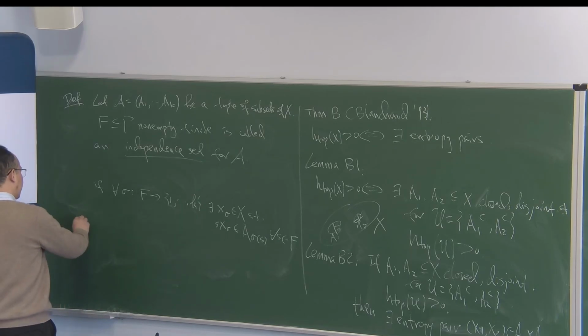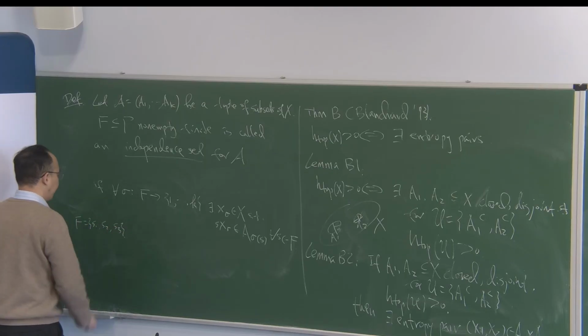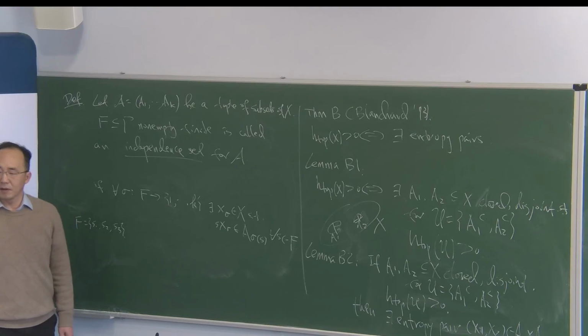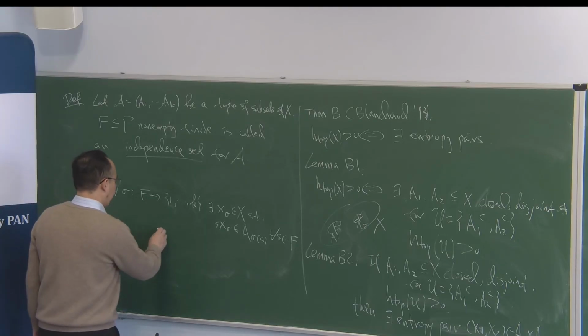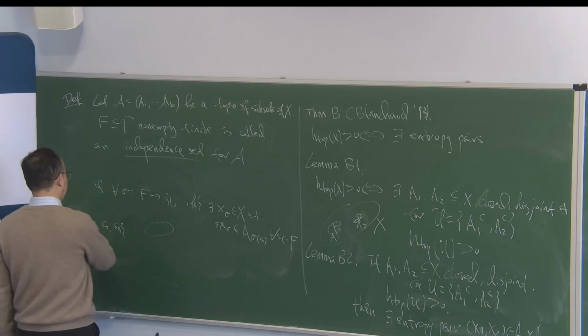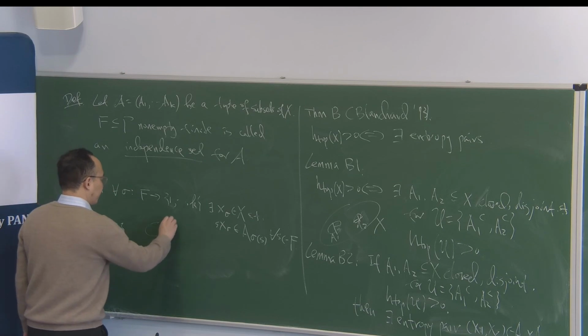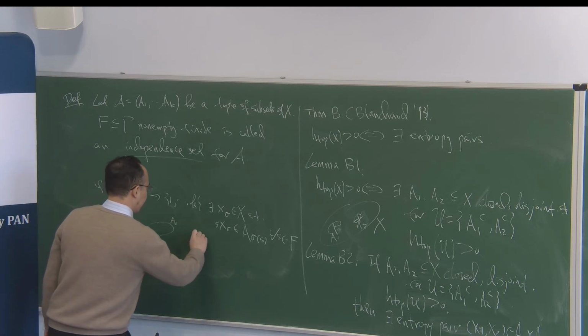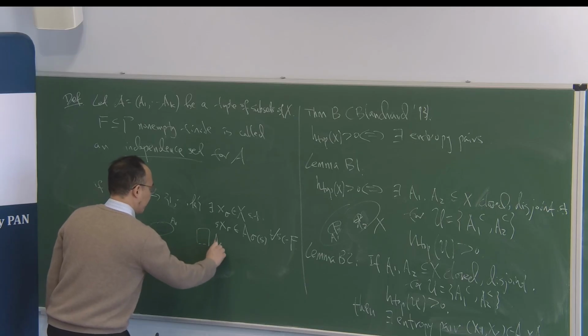Let's just look at one example. If you take F to be just 3 points, and K equals 2 here, so this will be A1, and this is A2.